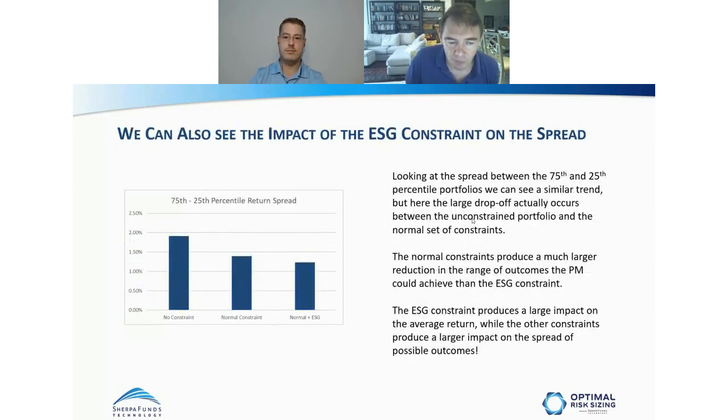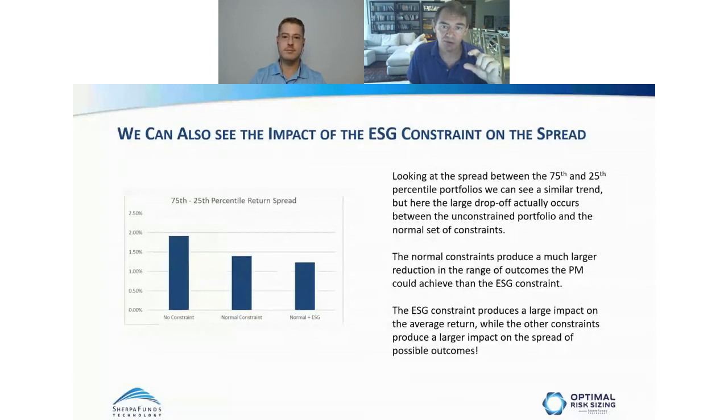Now, the interesting thing is how this interacts with the possible range of outcomes. We know that adding the ESG constraint has reduced our median return, but we also see that because it constrains the portfolios you could actually build from that set of assets, you end up with a narrower spread.